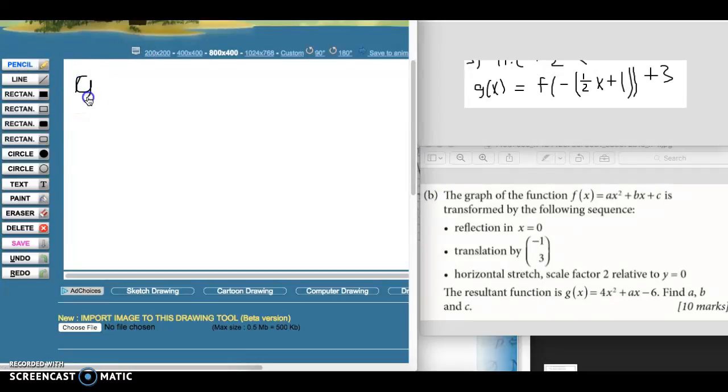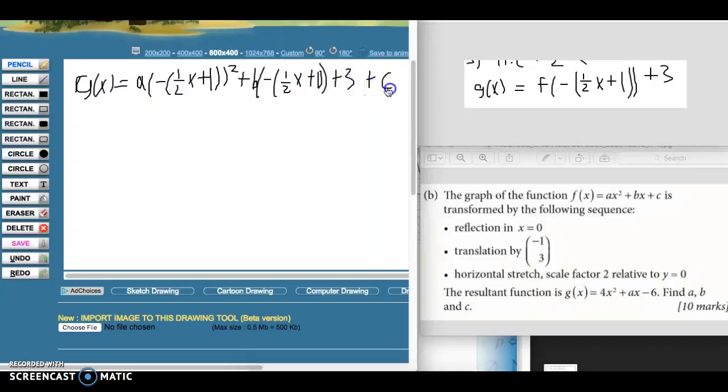So we have g of x equals, we're going to replace every x with whatever's in this, and add 3 at the end. So we have a times negative 1 over 2 x plus 1, squared, plus b times negative 1 over 2 x plus 1, plus 3, and then we add the c.